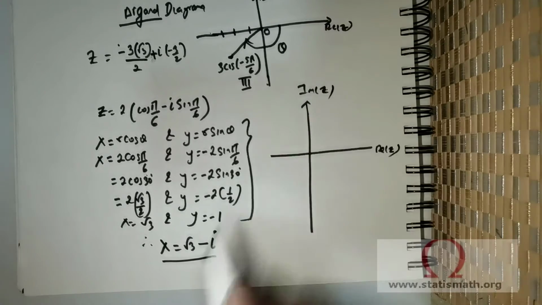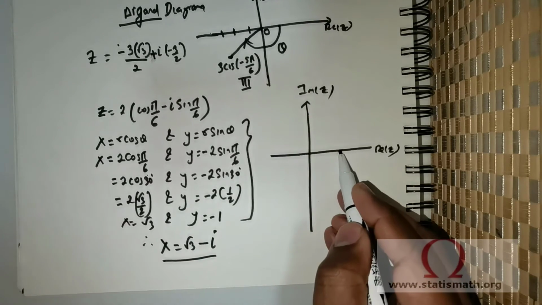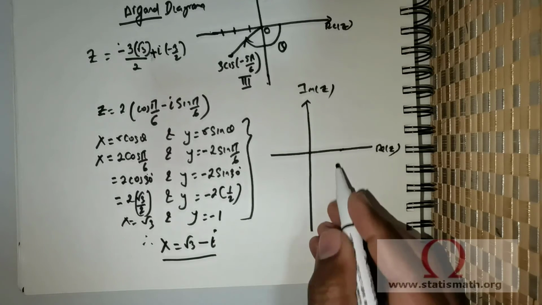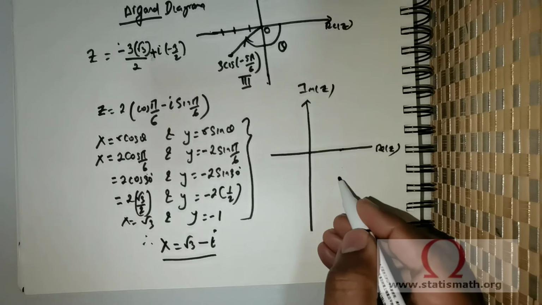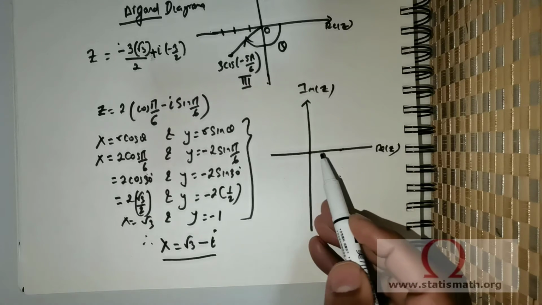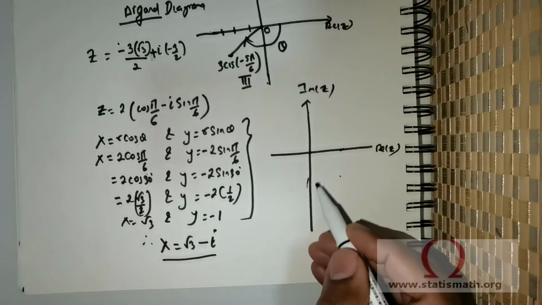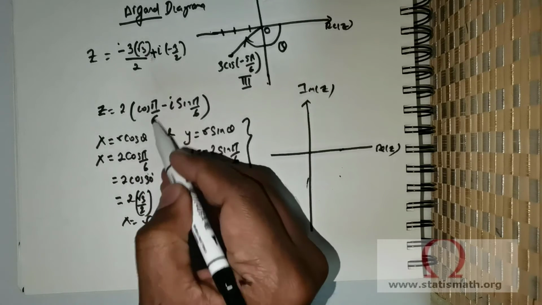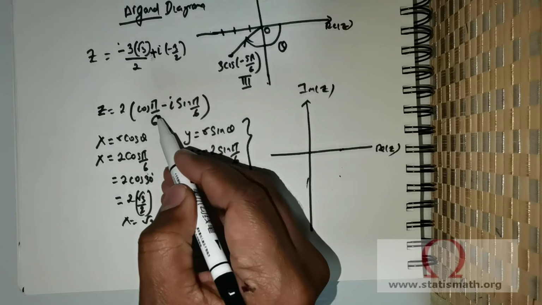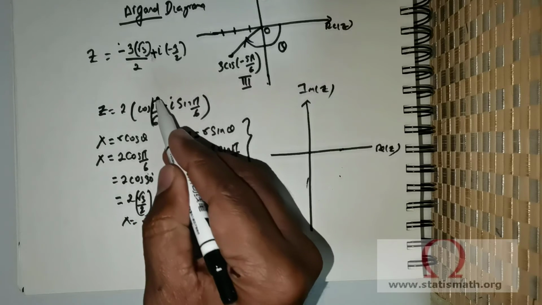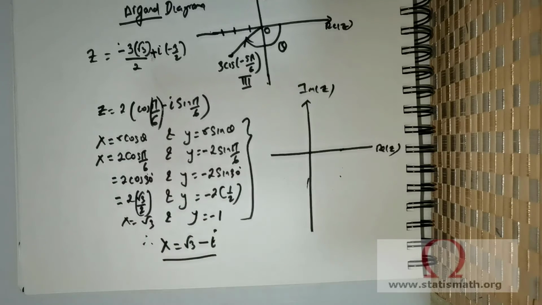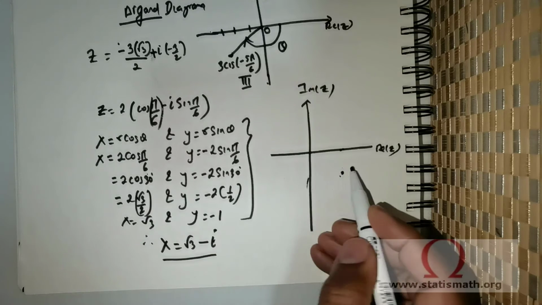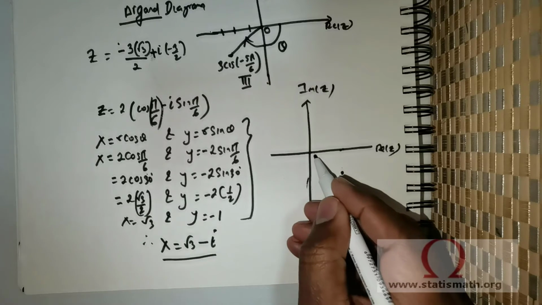Root 3 will be occurring somewhere on the positive side, but negative i would be occurring on the other side of the imaginary axis, that means down below. Now the angle given to us is pi over 6. So that means my complex number would be somewhere over here.